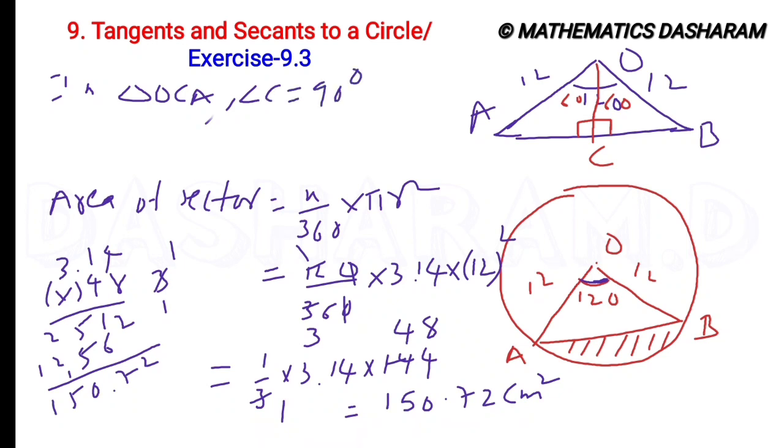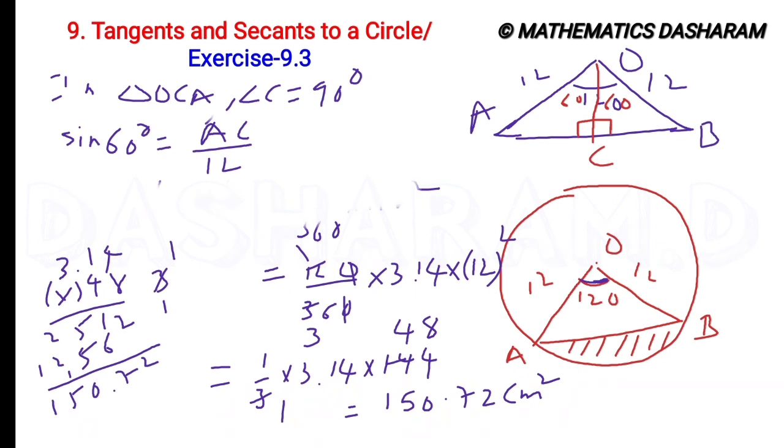So here in triangle OCA, here is 60 degrees. The side opposite 60 degrees is required and the hypotenuse is given. So opposite and hypotenuse is nothing but sine 60 degrees. So sine 60 degrees equals opposite side AC divided by hypotenuse, that is 12.